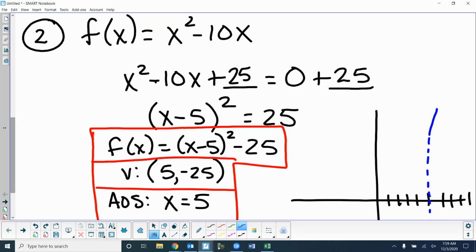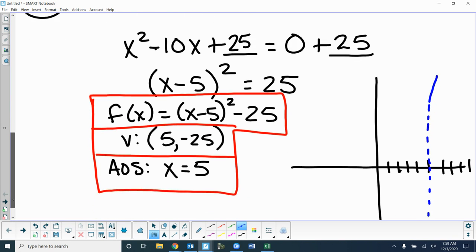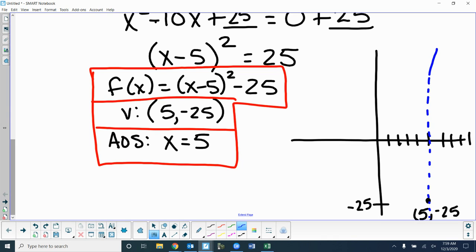Connor, what's my y-intercept? Yeah, so what's the last number? Okay, it's the C, right? Not the B. That's the B, it's the C. So it would be 0. So that would be here.